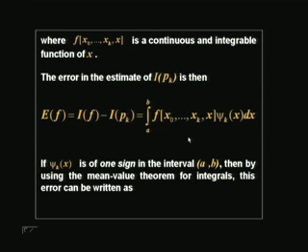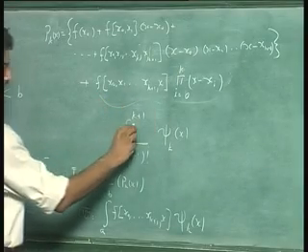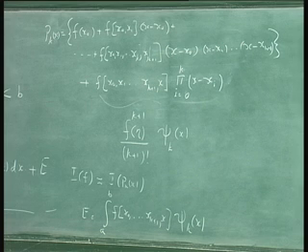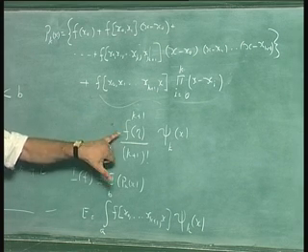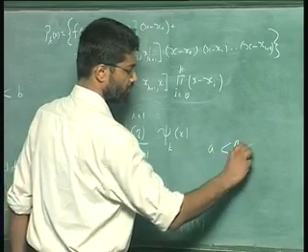Okay, so now, as I said, we can approximate this quantity by the derivative of the function, the k plus 1th derivative of the function f at some point eta between a and b.